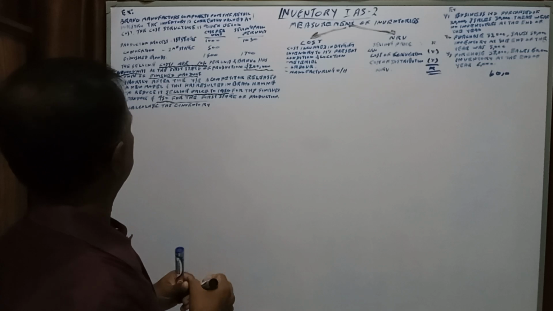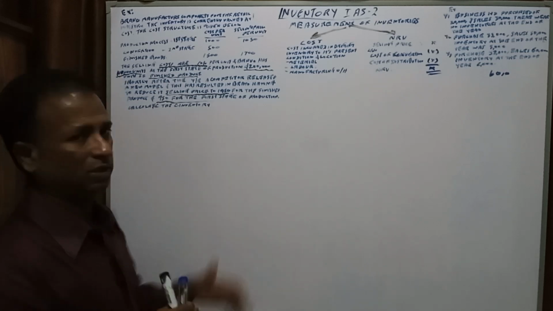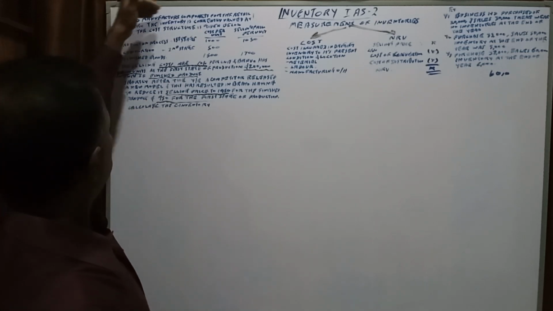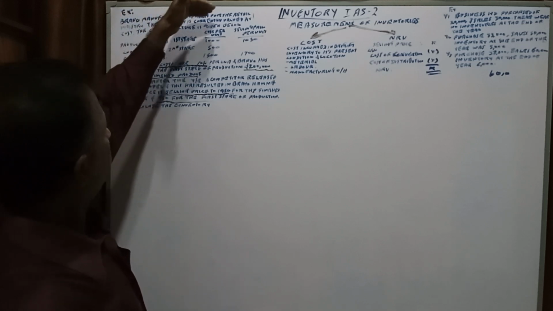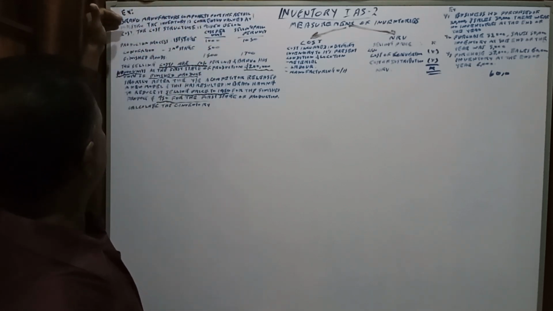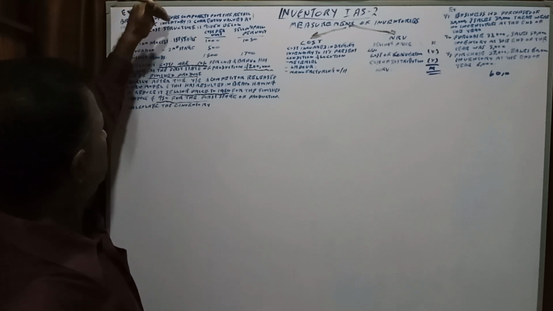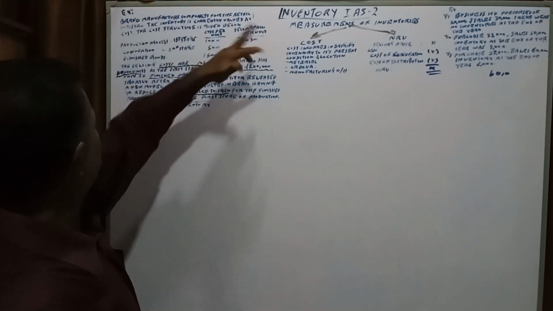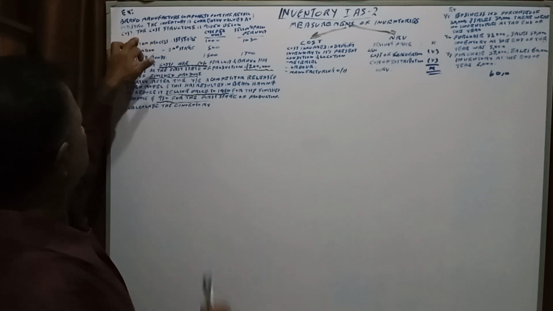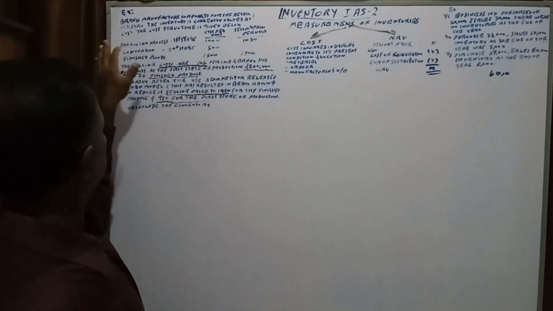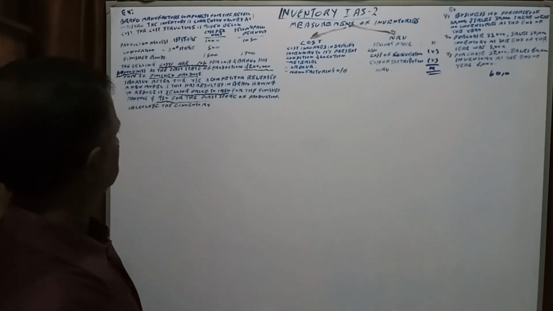So again we will go through it. Bravo manufactures components for the retail industry. The inventory is currently valued at cost. The cost structure is given below.